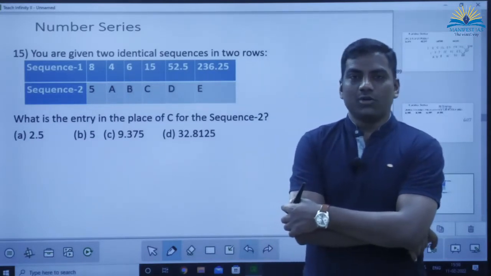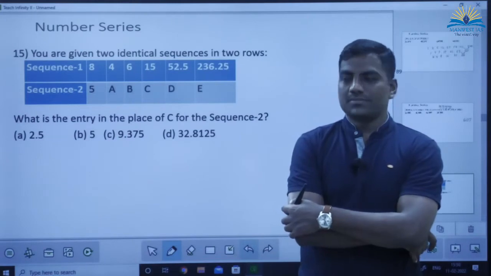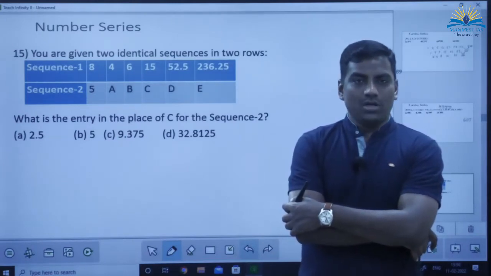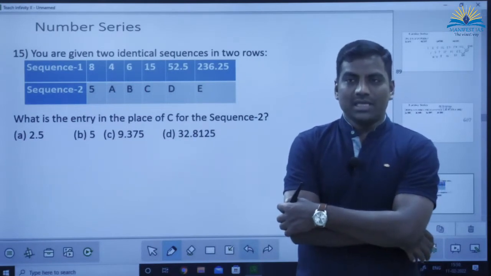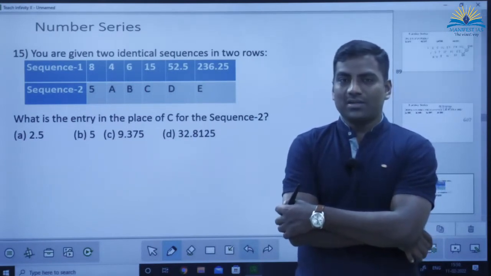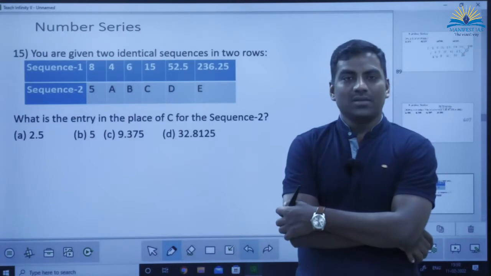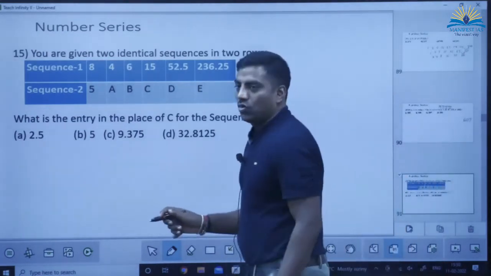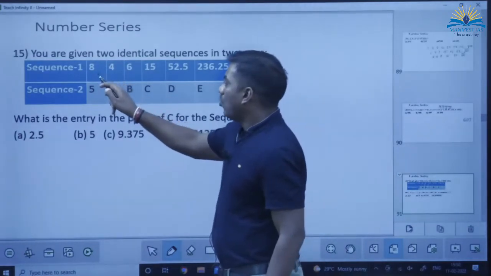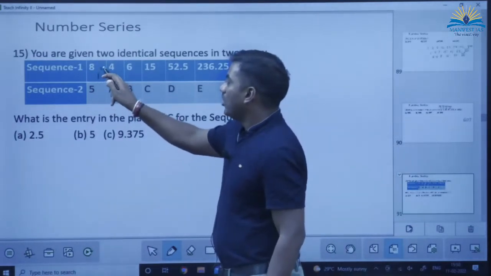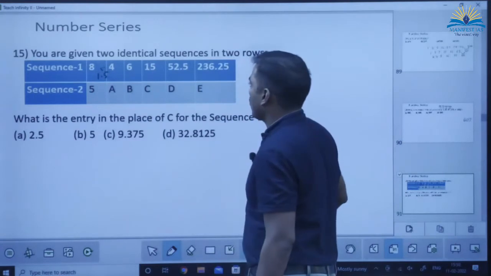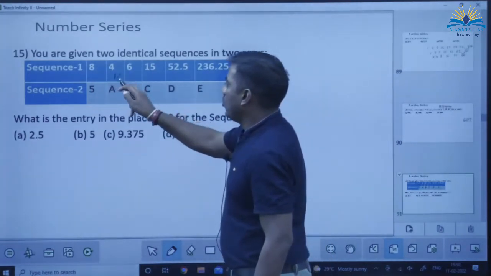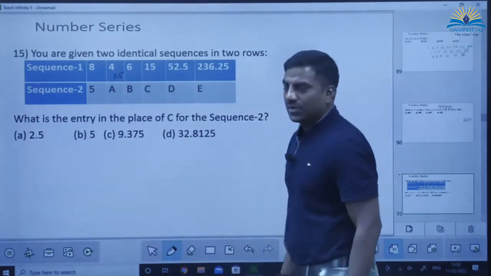How many times of 4 is 6? 4 ones are 4. 4 twos are 8. 6 is in between them, right? So what is that? 4 into 1.5. Yes or no? 4 into 1.5, I'll get 6.